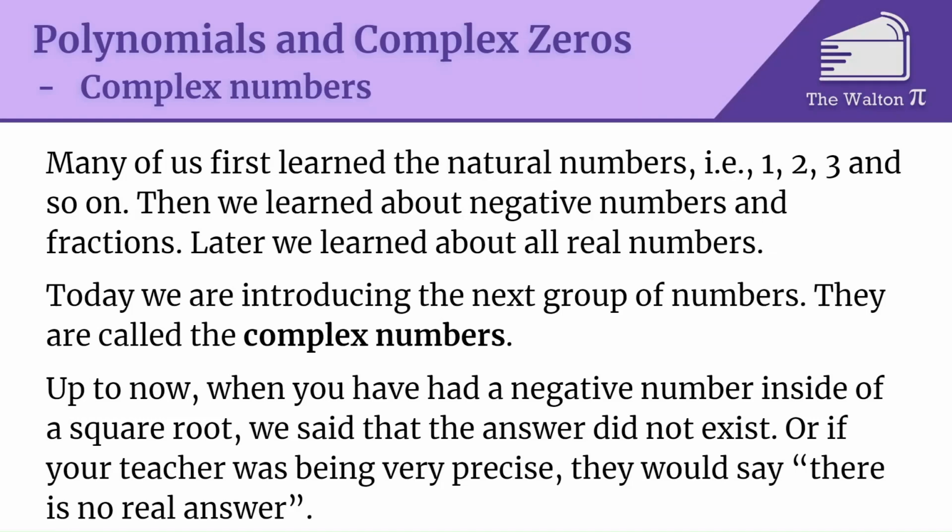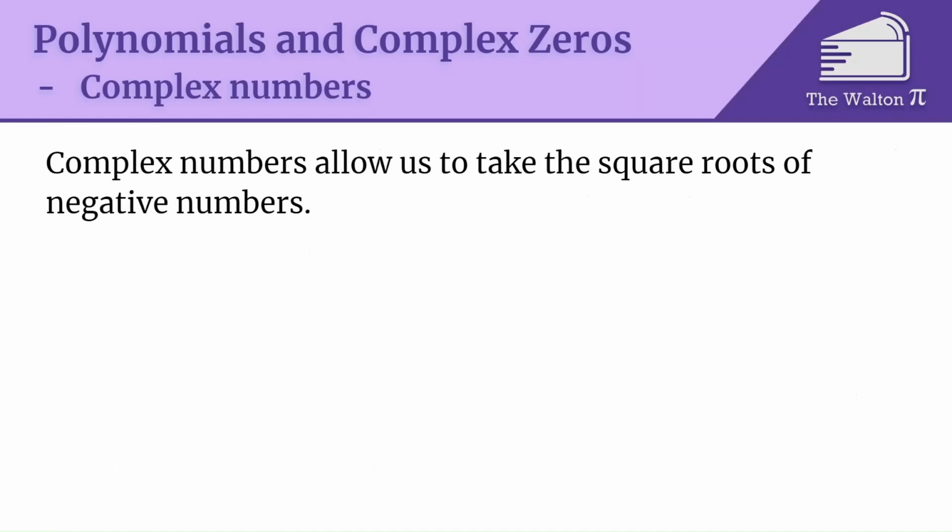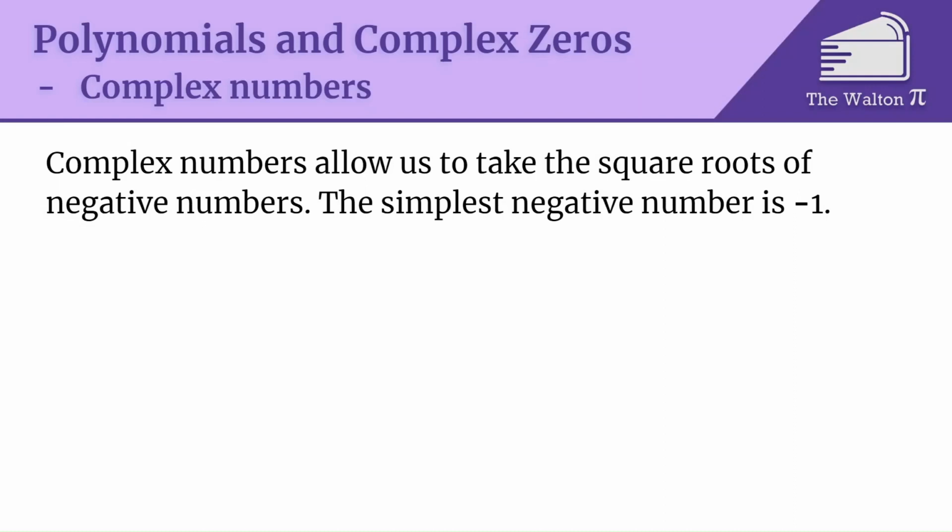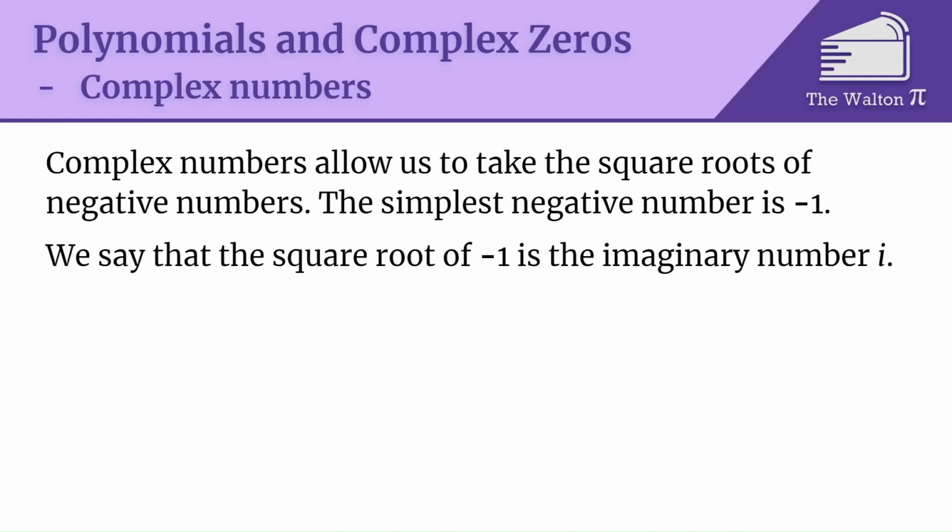What does it mean if we have a square root of a negative? Okay, so complex numbers allow us to take the square roots of negative numbers. Okay, the simplest negative number that we're going to deal with is -1. So we define the square root of -1 to be the imaginary number i. It's called imaginary because when they were first discovered, they were saying, look, these don't make sense, so we're just going to pretend that this is a number and then see that everything works out, hence why they get the name imaginary numbers.